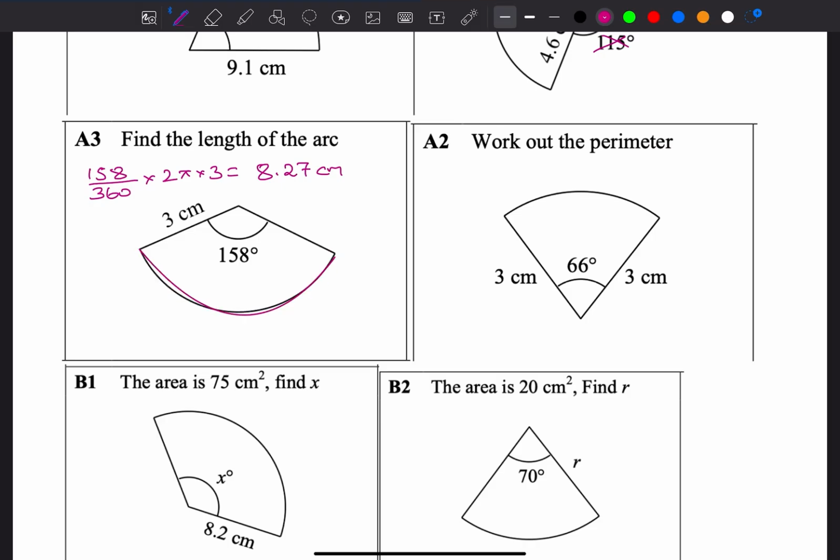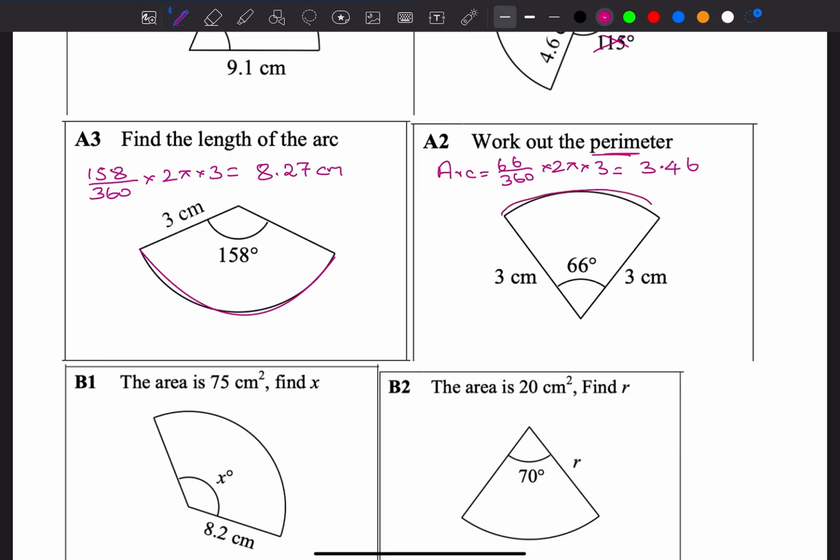Arc length is basically this guy. They want perimeter, so we could work out the arc length first: 66 over 360 times 2 pi times 3, which will give you 3.46.